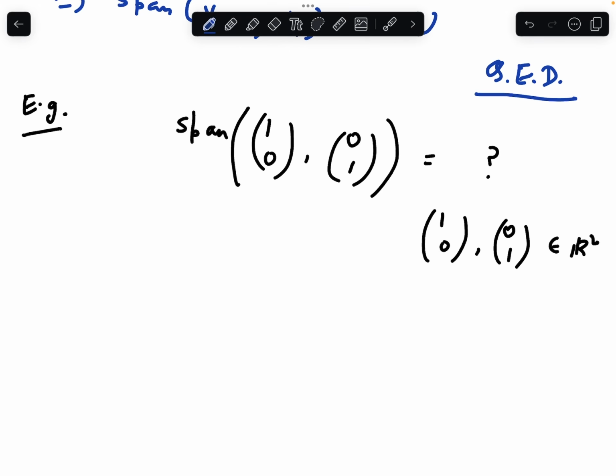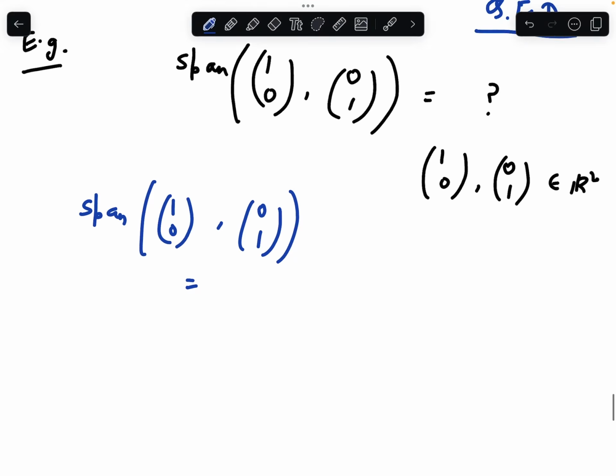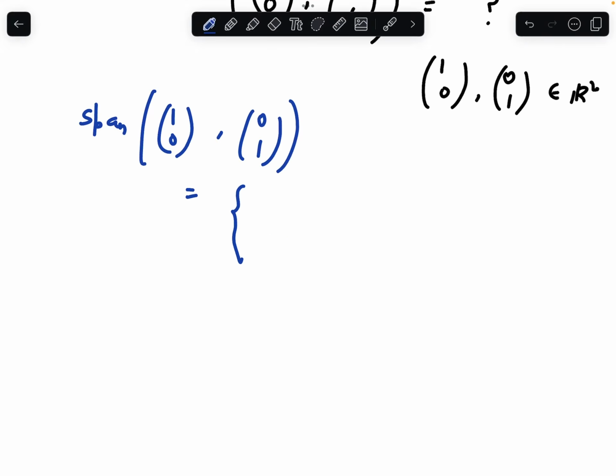So let's see, what is the span? It means the set of all linear combinations of these two vectors, that is C1 (1, 0) plus C2 (0, 1), such that C1, C2 are real numbers.